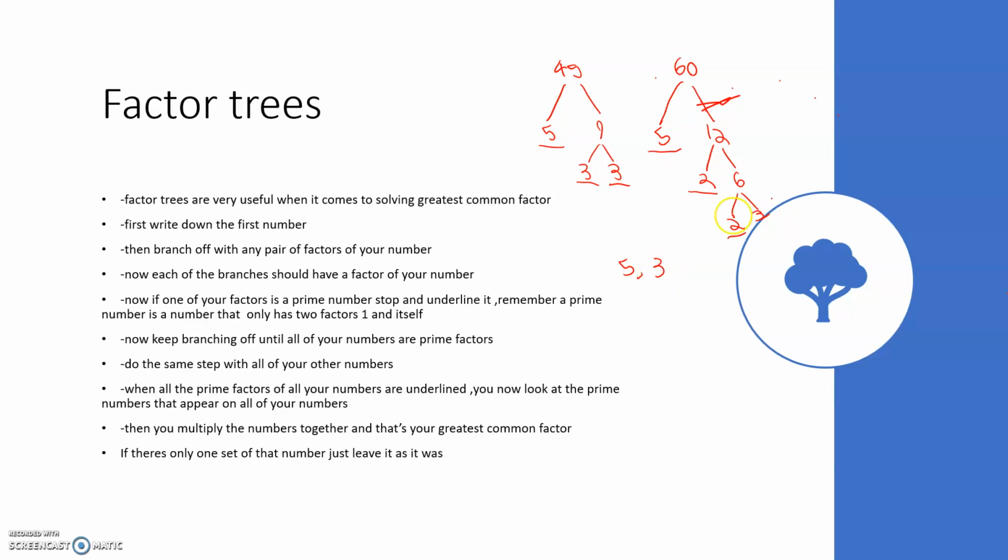Then you multiply the numbers together, and that's your greatest common factor. You multiply. Don't add, because when you add, it's going to get you 8. But when you multiply, you're going to get 15, which is the right answer, because 15 can go in 45. Yep. 15 can go in 60. Check.